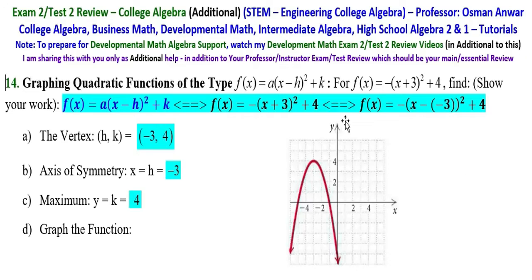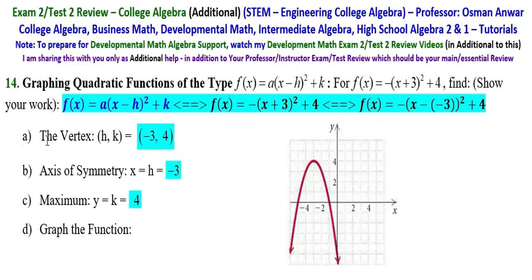Number 14 is graphing a quadratic function of the type f of x equals a times (x minus h) squared plus k. For f of x equals minus (x plus 3) all squared plus 4, find the vertex.